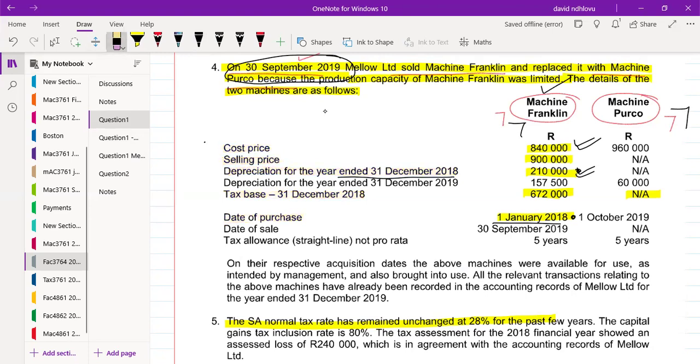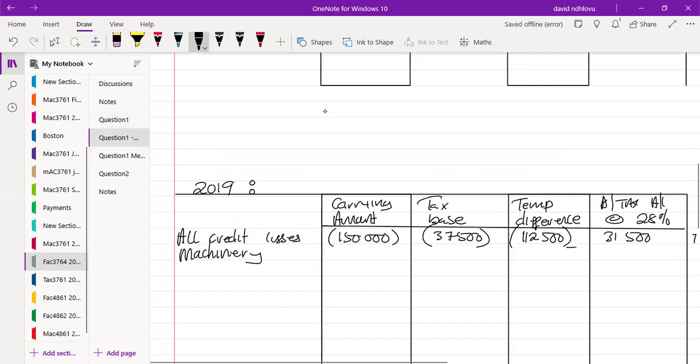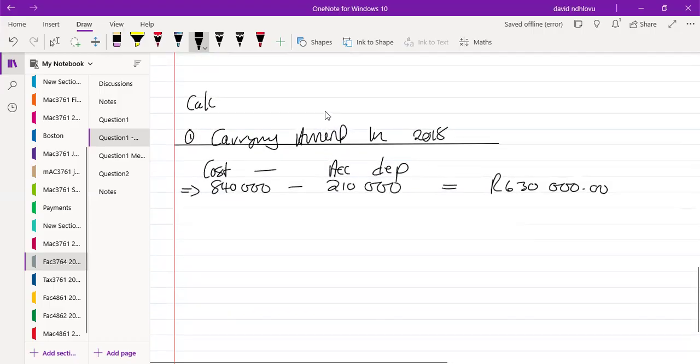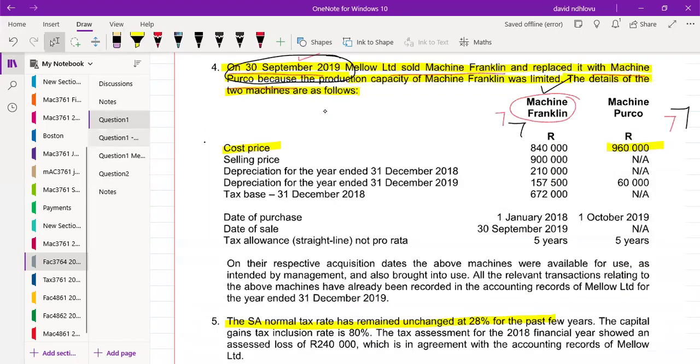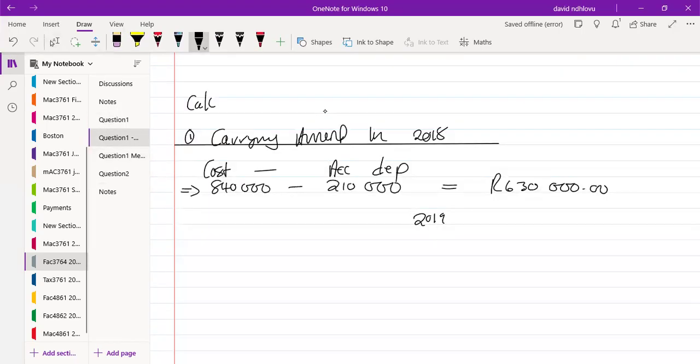We want the amount of depreciation, right? But first, what is the cost of this asset? So the cost of the asset is 960. So let's calculate here for the year 2019. The purchase price of the asset, 960,000.